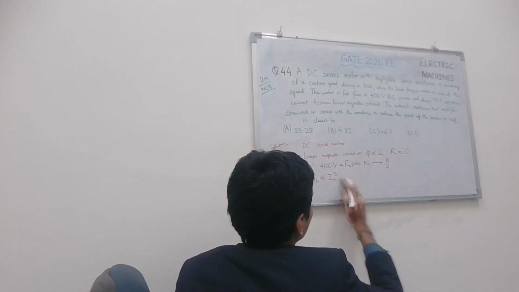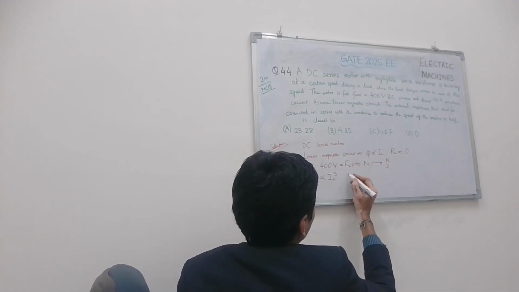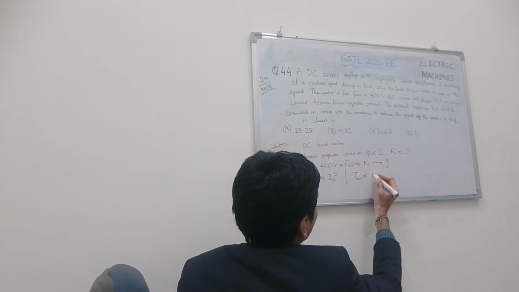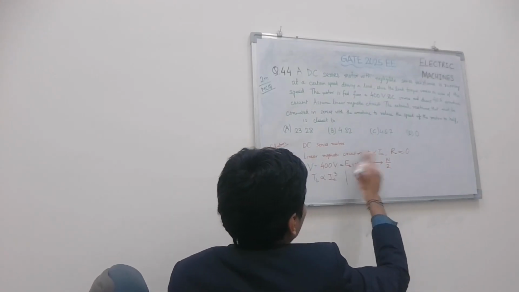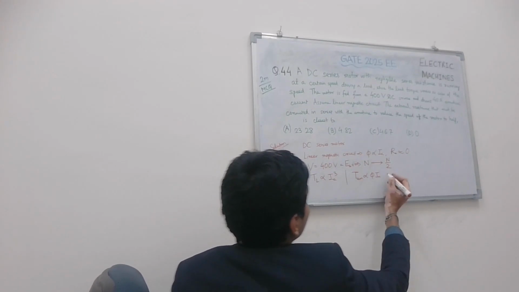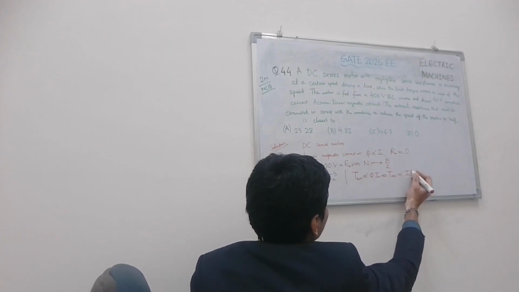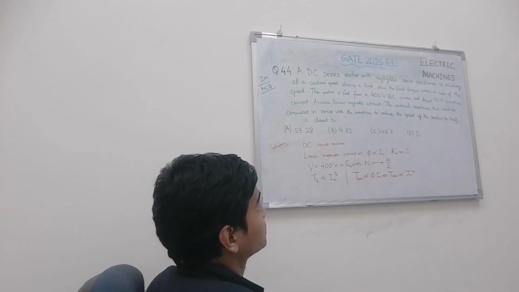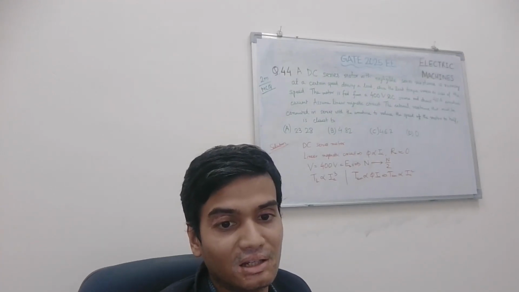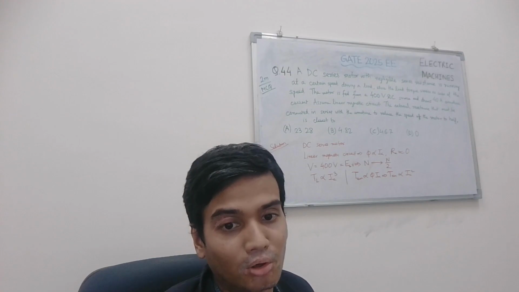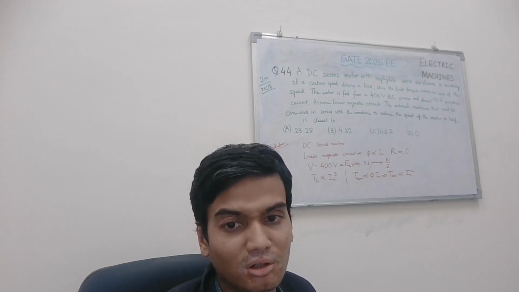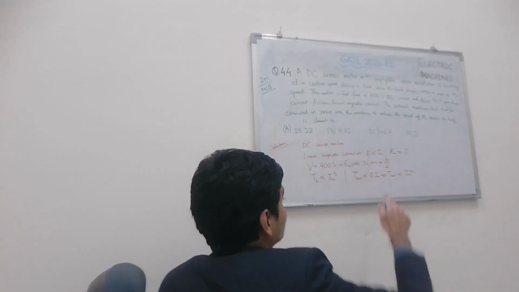You already know that the electromagnetic torque is proportional to phi into Ia. As phi is proportional to Ia for linear magnetic circuit, the electromagnetic torque is proportional to Ia square. Now for steady operating conditions, TL, the load torque, should be equal to the developed torque, that is motor developed torque TEM.